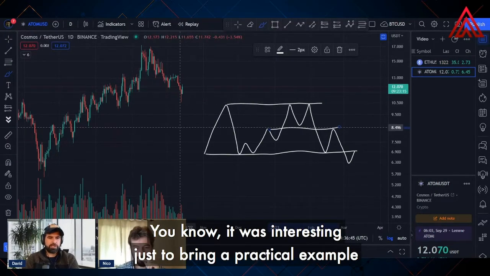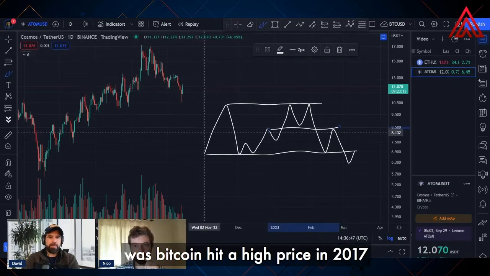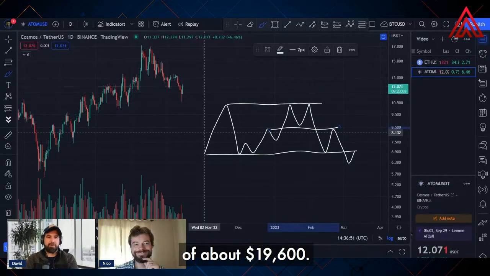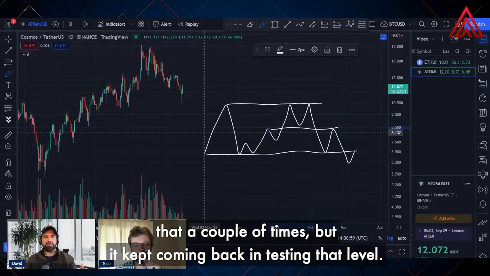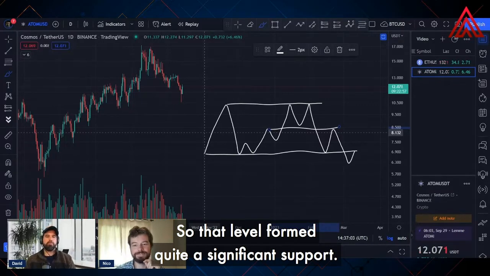It was interesting, just to bring a practical example, Bitcoin hit a high price in 2017 of about $19,600. And then on its recent way down in June, it did break below that a couple of times, but it kept coming back and testing that level. So that level formed quite a significant support.